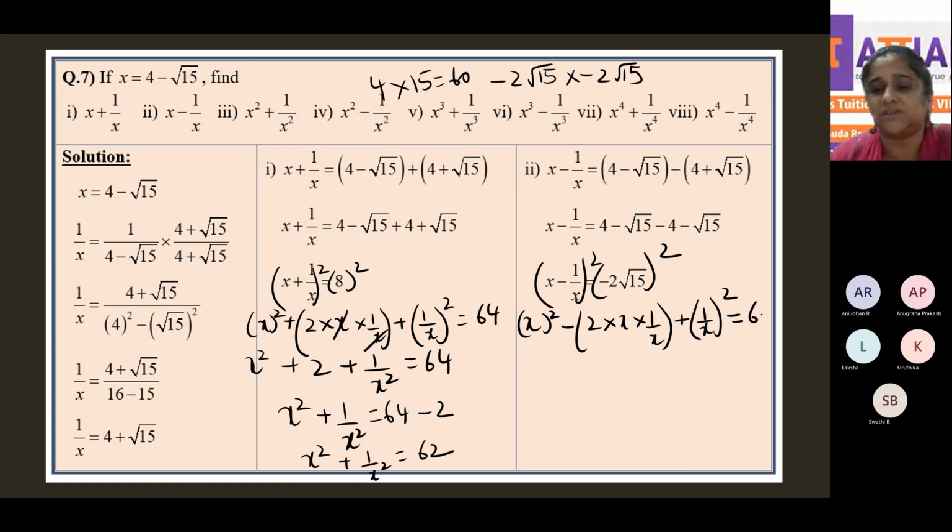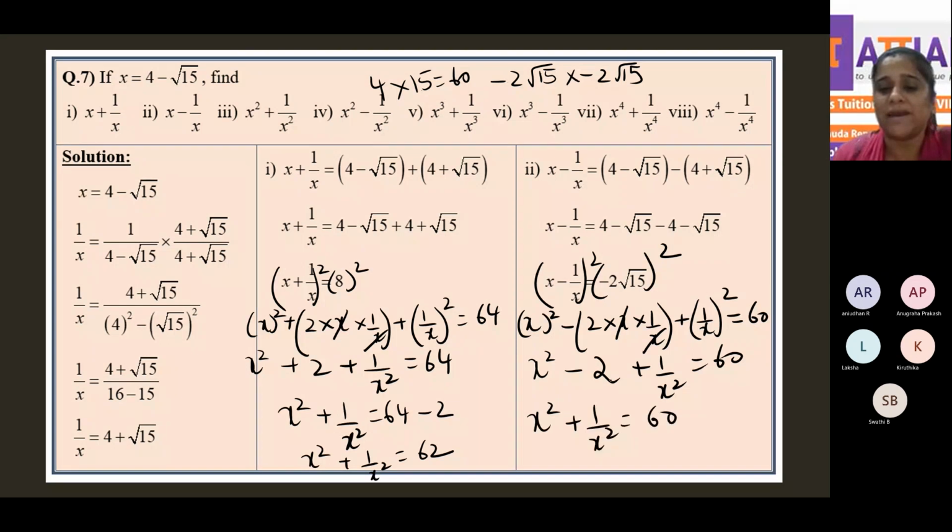So it is equal to 60. X square minus 2 plus 1 by x square is equal to 60. So x square plus 1 by x square is equal to 60, minus 2 will go to the other side as plus 2, 62. We'll get the same answer.